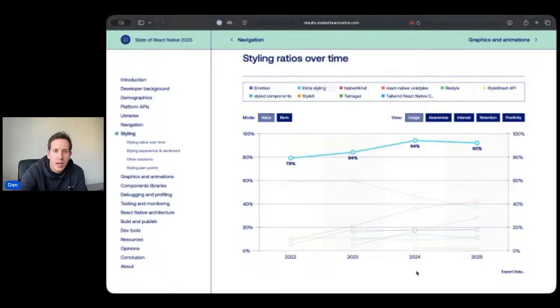Looking at this, one of the things I'll mention before we get into stuff is that Nativewind has undergone a tremendous increase in usage just even since last year.